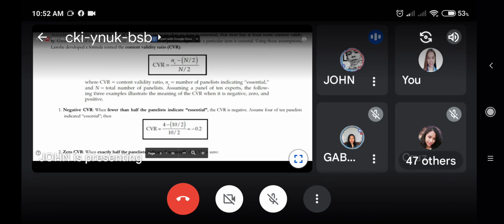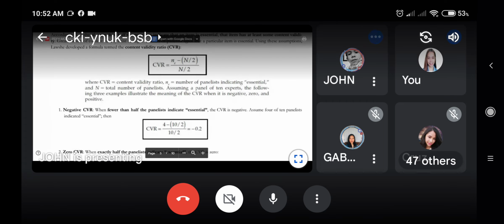Let us say for item number one, out of the 15 psychometricians as your judges, nine mentioned that item number one is essential. So let us compute. How many psychometricians do we have?